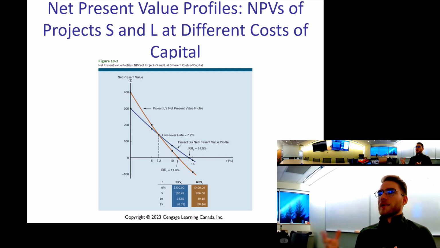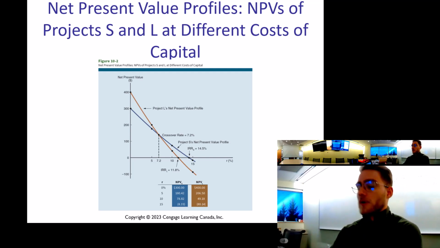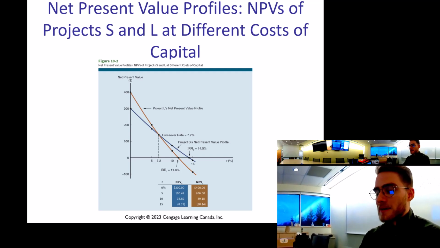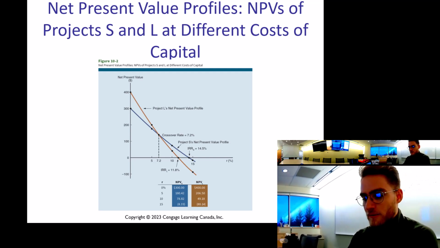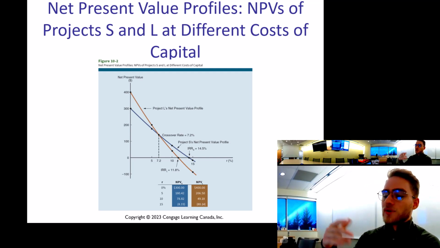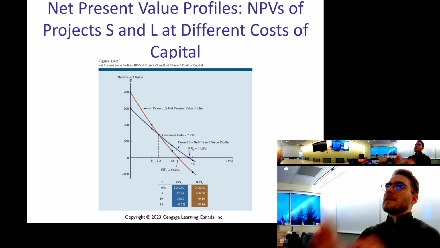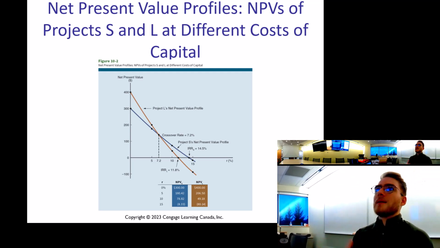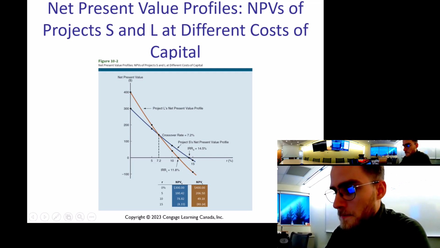If you want to look at this after, this also perfectly explains everything that I just did, but I gave you the numbers and kind of the math behind it as well. So the 7.2 crossover rate, and then the individual crossing rates of the x-axis, those are your internal rates of return, right? And then how the values of the projects drop and how they cross over time, depending on the discount rates that you pick.